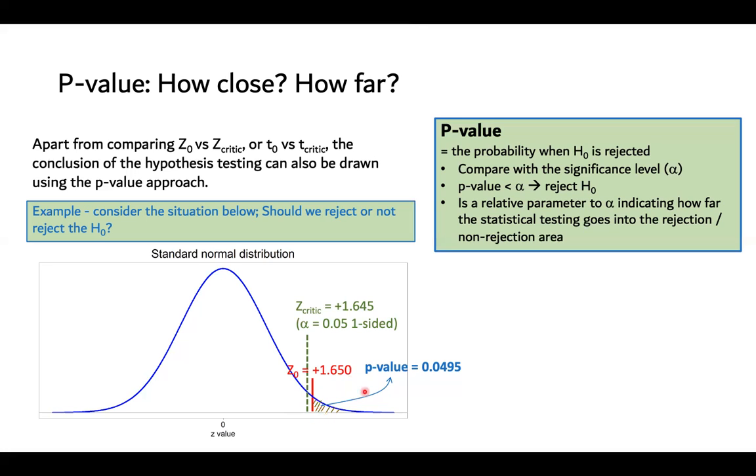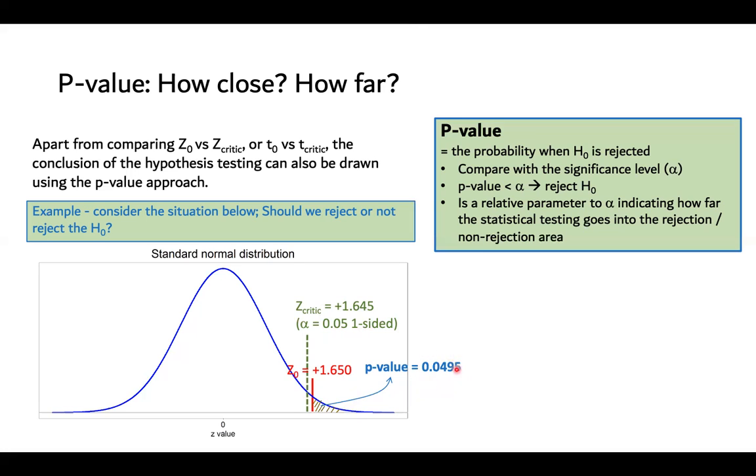So that's why we have the p-value. The critical value is 0.05 and the p-value is less than 0.05, but only slightly less, which is 0.0495. Even though it is less than 0.05, this is still quite a large number.